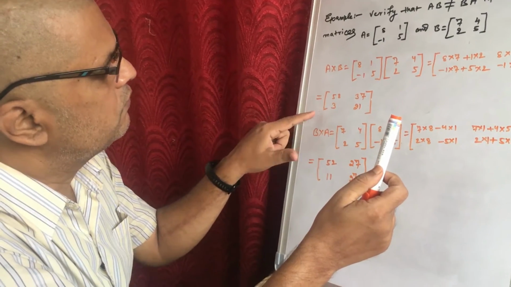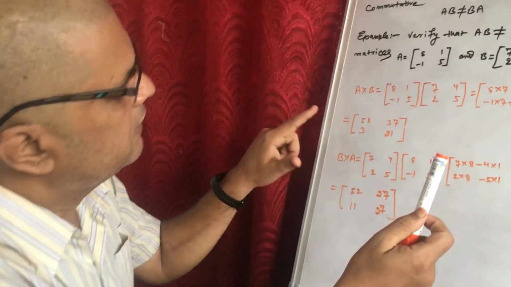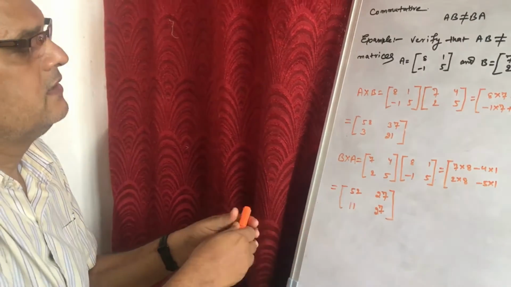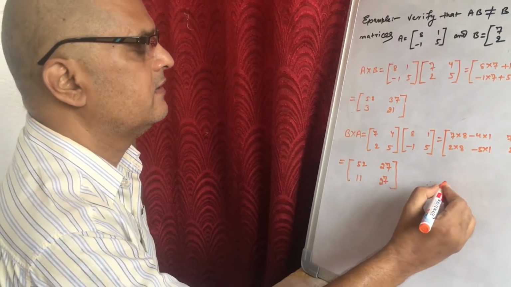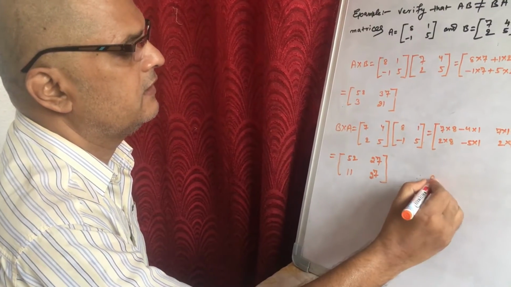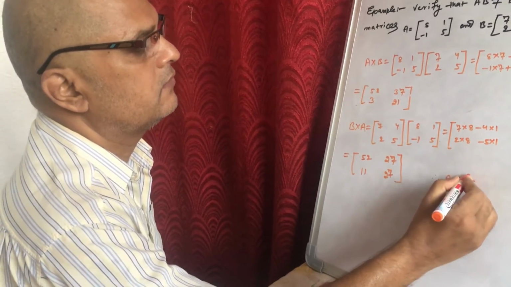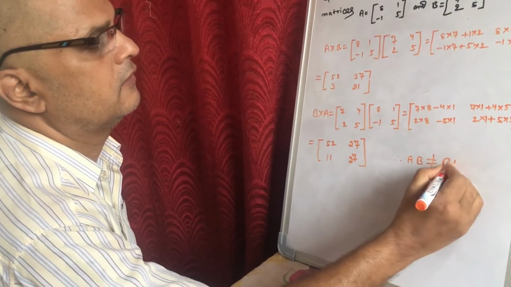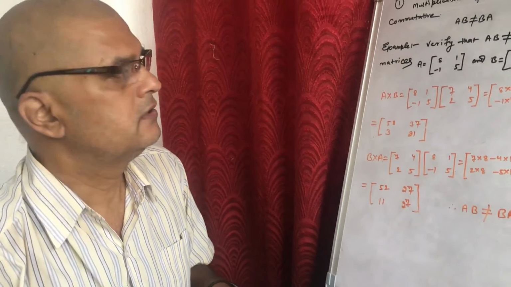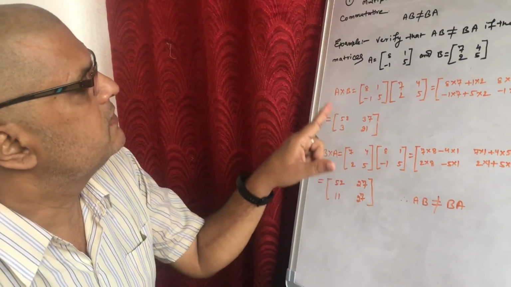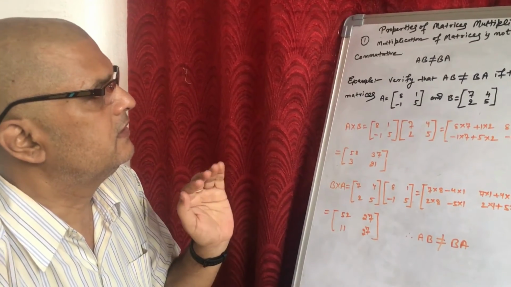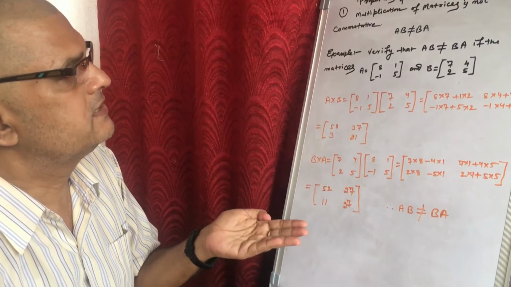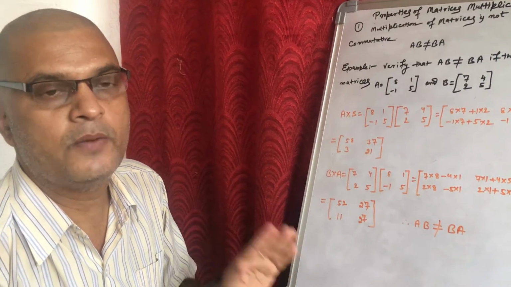So these two matrices are not equal, so it is clear that AB is not equal to BA. Okay, thank you, student. So this is clear from this example that AB is not equal to BA. That means multiplication of matrices is not commutative.